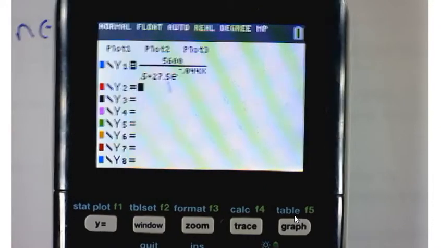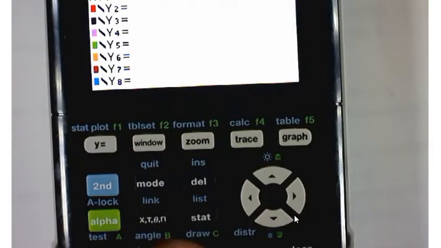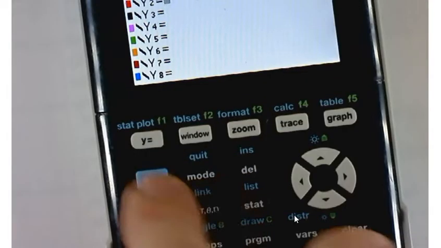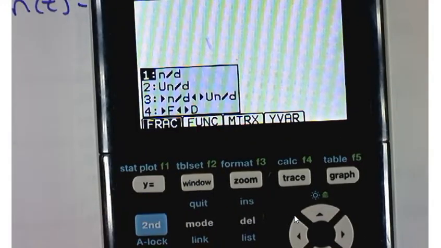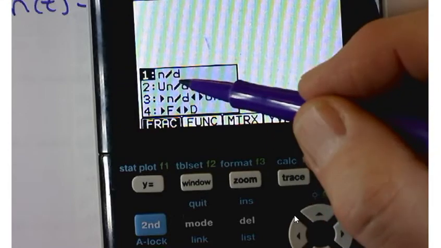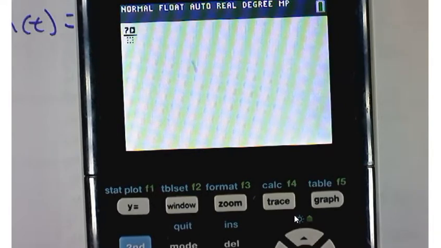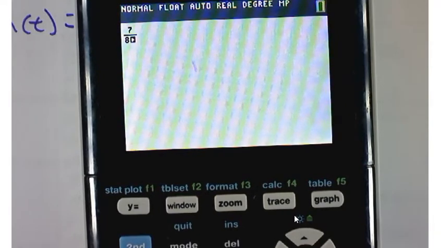Once again, to get the numerator-denominator template, you'd hit the alpha key, then the y equals key, and it gives you 4 different options. The one you want for a numerator and denominator is the first one, and that'll allow you to do fractions like 7/8 or whatever you need to type in.